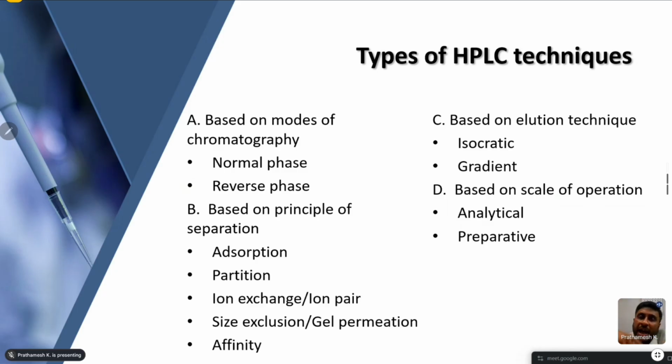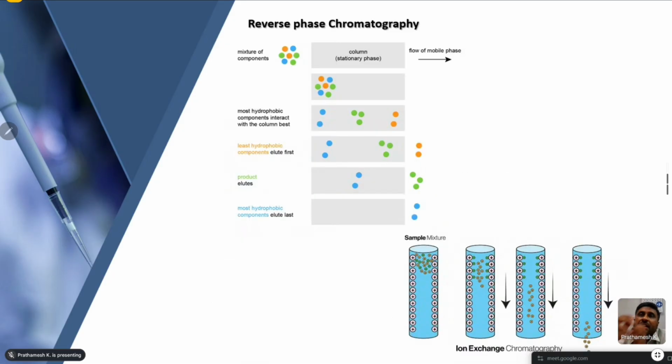Now, in this, when you add an analyte, when you add a mixture of components, so these components, depending upon their what do you call partition coefficient, थोड़ा complicated word है, but किसी को stationary phase वाला liquid पसंद होगा, किसी को mobile phase वाला liquid पसंद होगा.